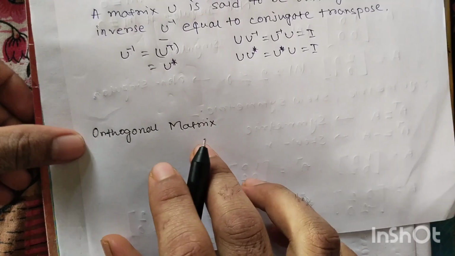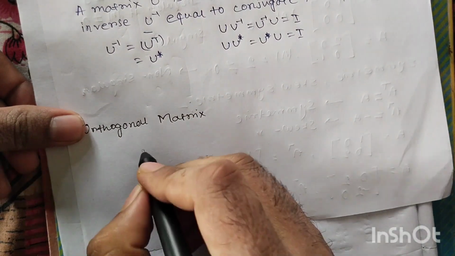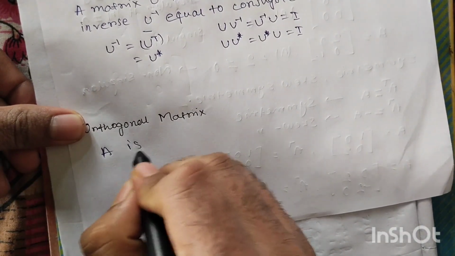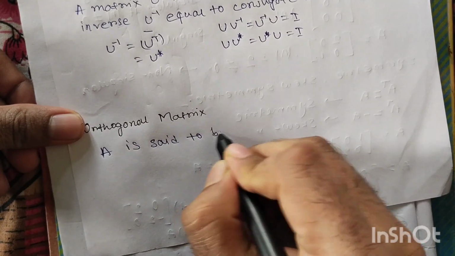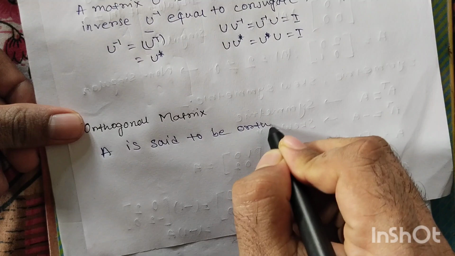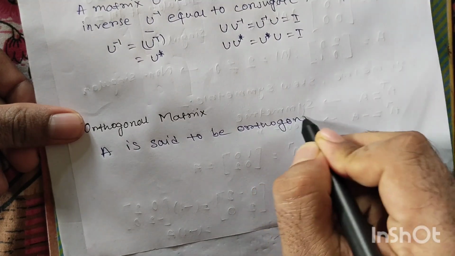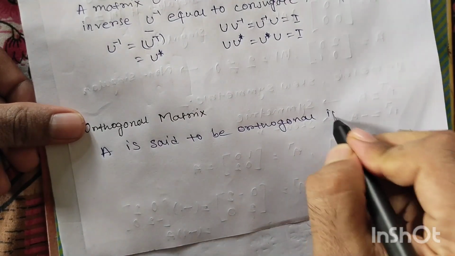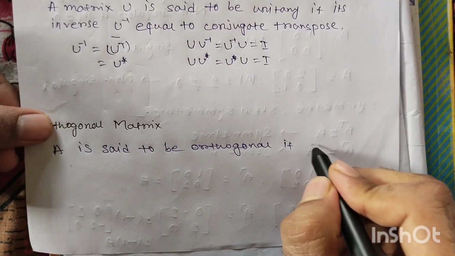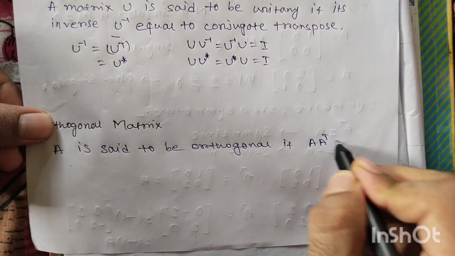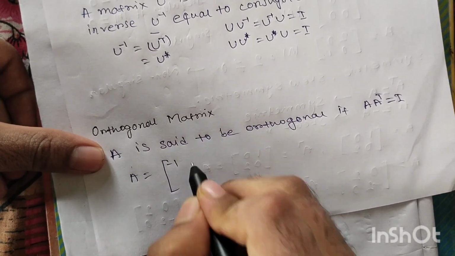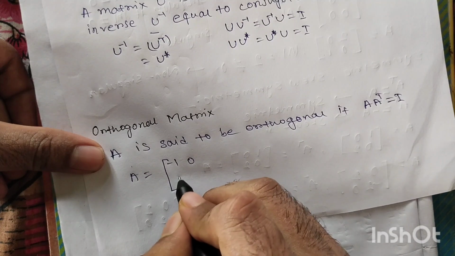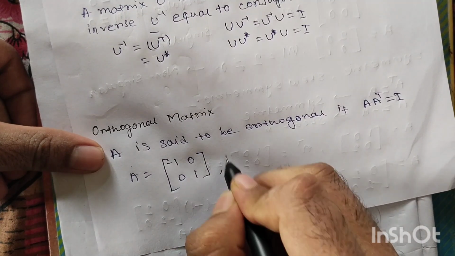Let's start with the definition of orthogonal matrix. A matrix A is said to be orthogonal if A transpose A should be identity. Okay, let's take an example. What will be the transpose of A?